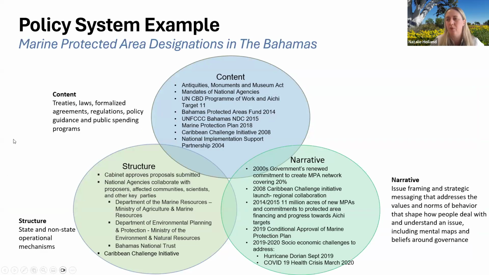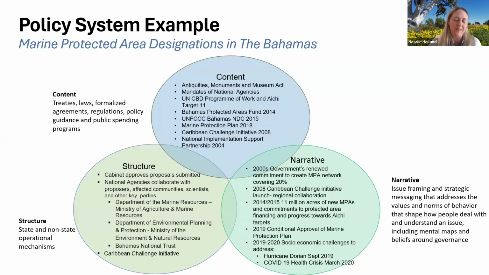And this is just a quick example that comes from the Northern Caribbean, some work that TNC was undertaking for many years to secure a commitment from the government of the Bahamas to expand the country's marine protected area network to 20% by 2020. They'd developed an initiative, done a lot of work, and actually got preliminary endorsement from the government for the plan.